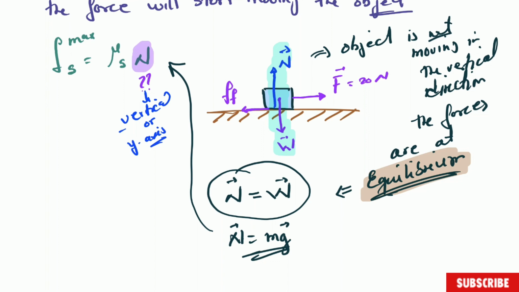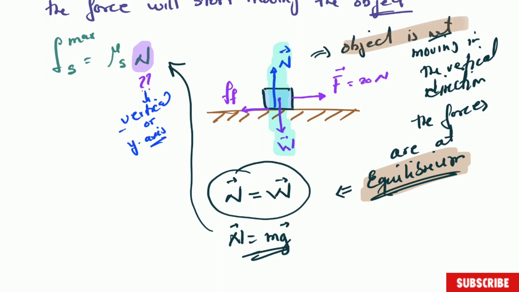Why is that so? In the y-axis, those are the only two forces acting. We're going to learn about this one eventually. Those are the only two forces acting on the y-axis. They are at equilibrium because the object is not moving.